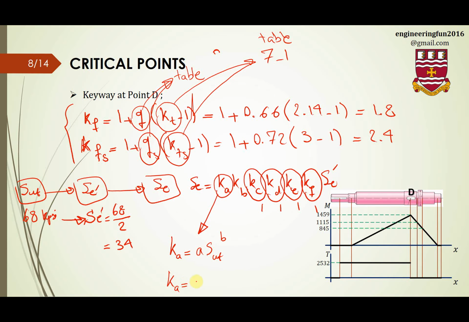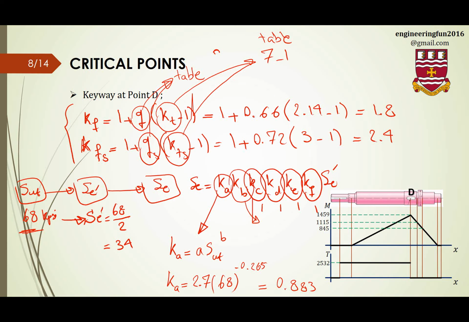So for this material, a is 2.7, SUT was 68, to the power of b, where the exponent is minus 0.265, so the answer will be 0.883.